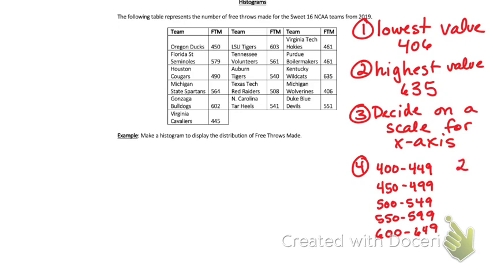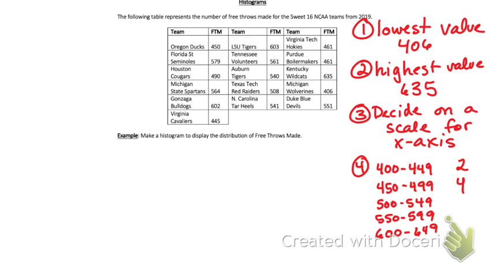How many teams had between 450 and 499? 4? Everybody agree on 4? 4. How many between 500 and 549? 3? 2? 3? 2?